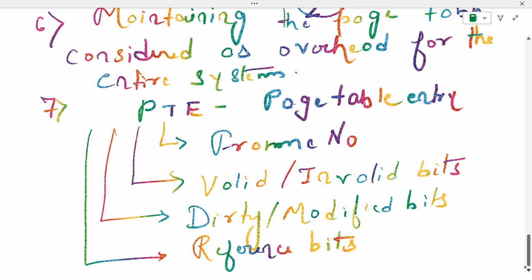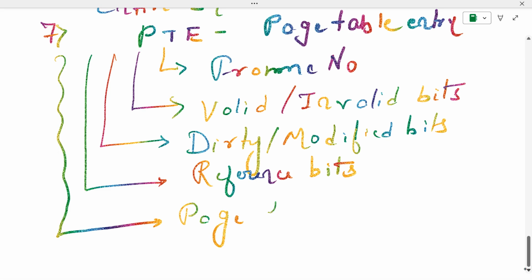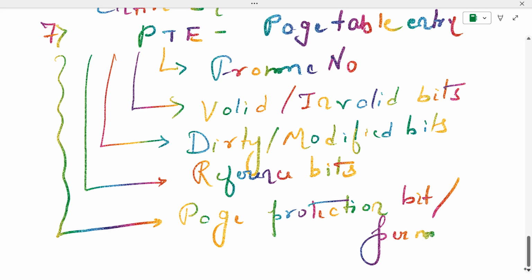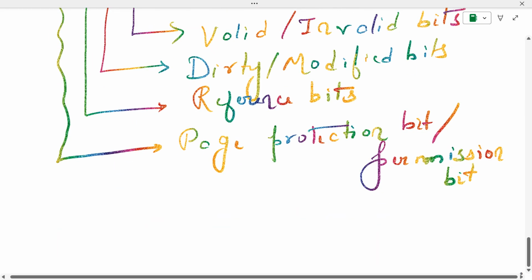These are additional information stored along with the frame number. It might also consist of the page protection bit, also known as the permission bit. These are other relevant information for paging.